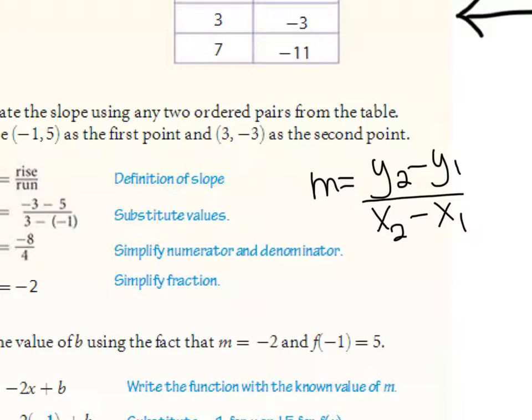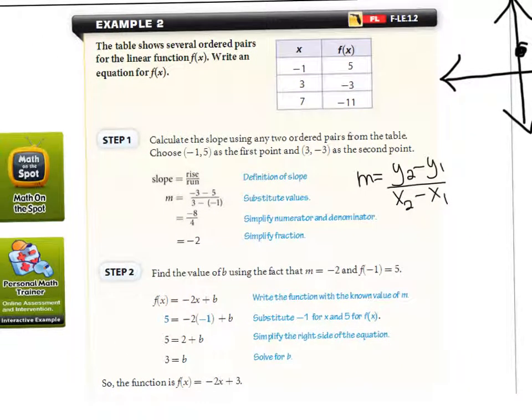Again, that slope formula, very important to know. They chose to use the first pair and the second pair. It does not matter if you had chosen the first and the third or the second and the third, your slope would still come out to be the same.